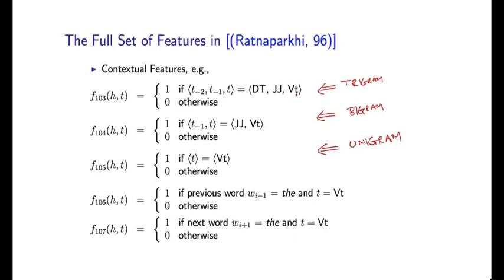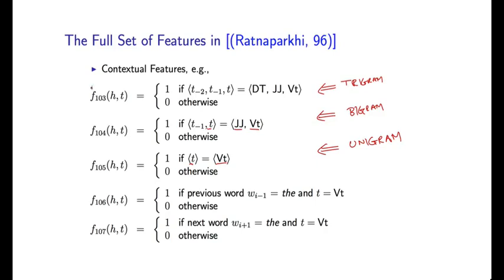This captures a particular trigram of tags, and you would most likely have one feature like this for every possible trigram of tags, or at the very least one feature like this for every trigram of tags seen in your training examples. Here's a bigram feature. This fires if the previous tag is jj and the current tag being proposed is vt, so that's a bigram of tags. And then finally we have a feature which just looks at a unigram, the tag itself alone, t, and just fires on the fact that it's a vt.